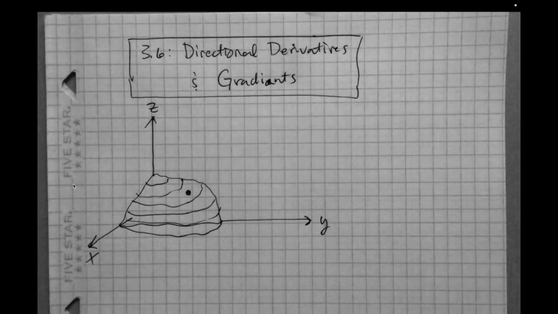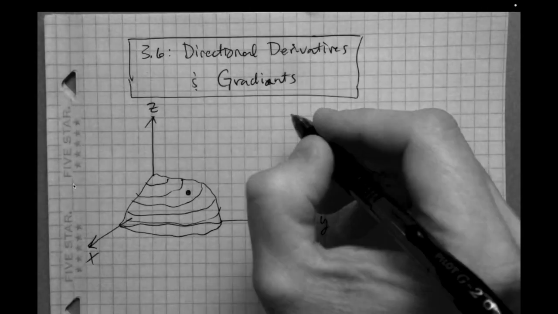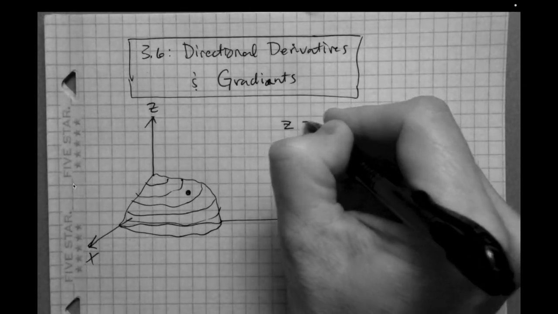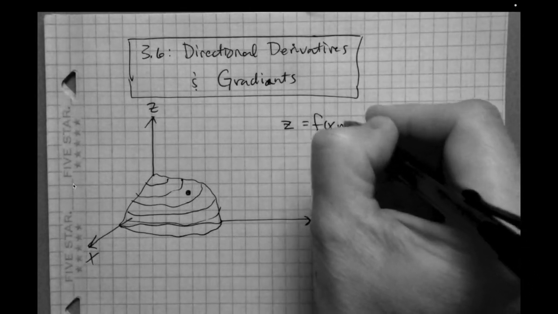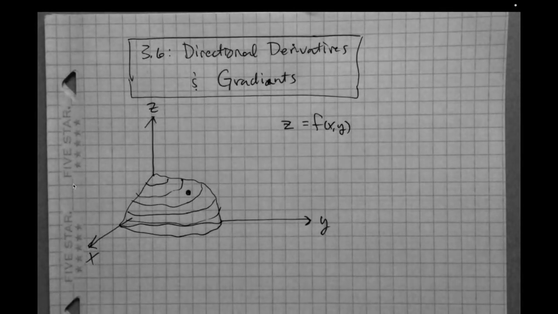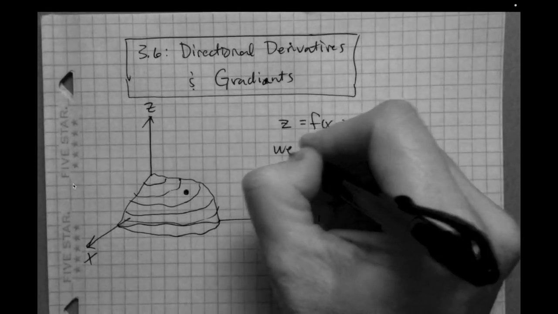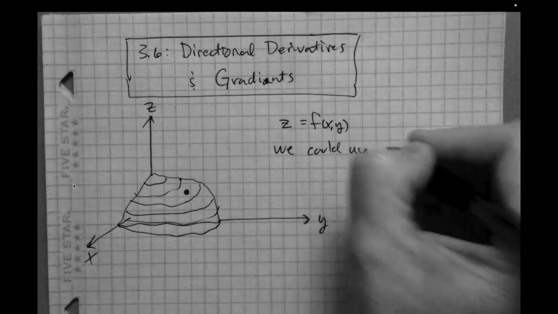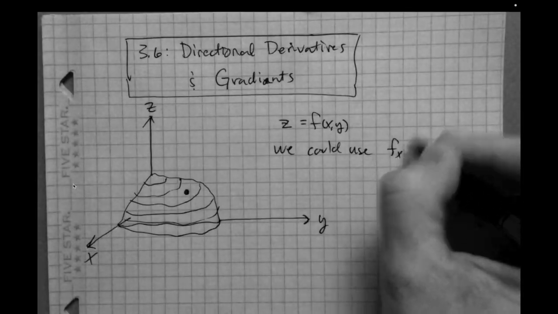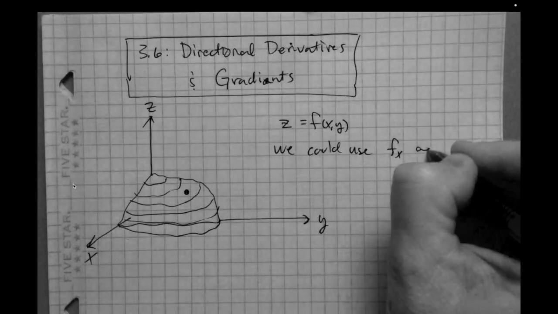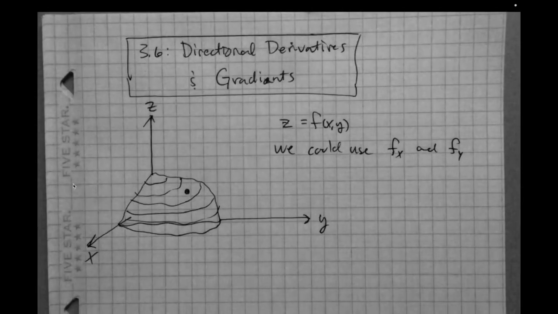Now, let's assume that the hill is represented by a function z equals f of x, y. So for each x, y pair, you've got a certain height in the z direction. Given this setup, we could use the partial derivatives, f sub x, the partial derivative with respect to x, and f sub y. We could use these partial derivatives to find the slopes in the x and y direction.